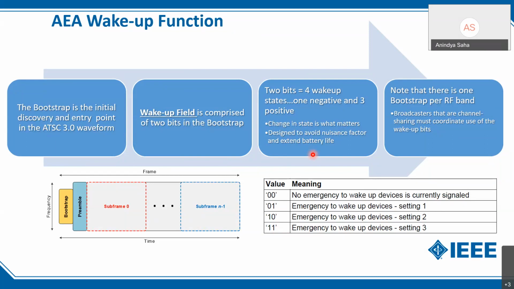This is quite important, and it is embedded as part of the framing structure. Obviously, there is one bootstrap available per RF band. This is why it is significant in ATSC 3.